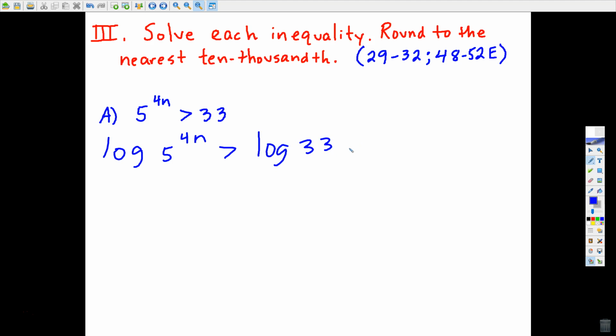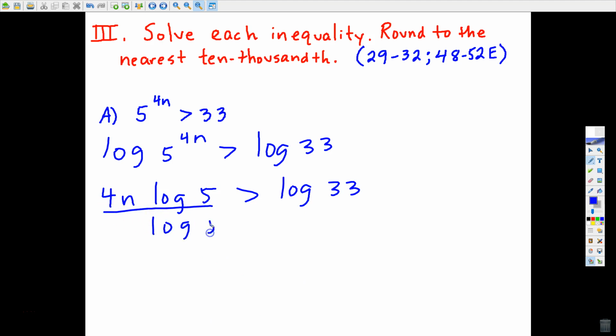BJ, what's next? And that's an application of what property? Power property. Good. All right, August, what's next? Divide by log 5 on both sides.